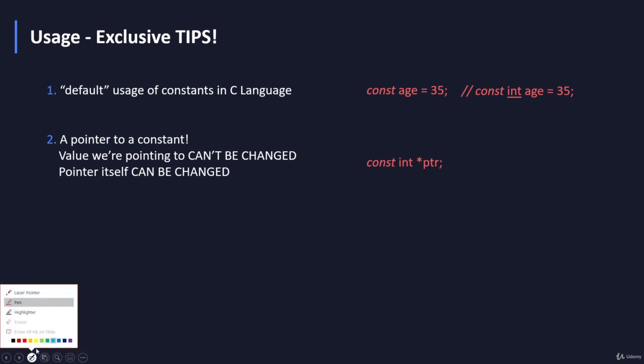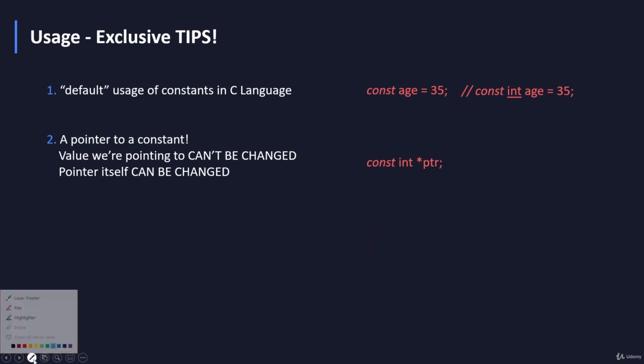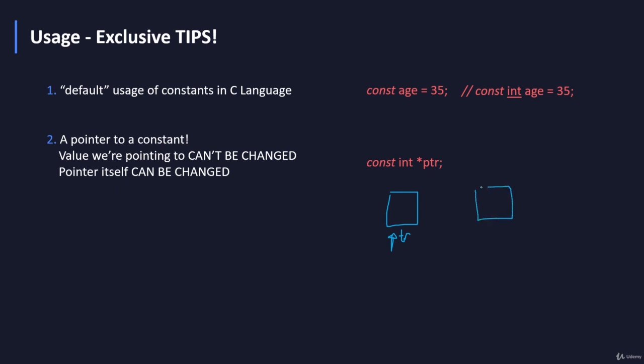Let me draw it a little bit. So we created a variable called ptr, and this variable is assumed to point to some value, to some other place in memory, since it's a pointer.